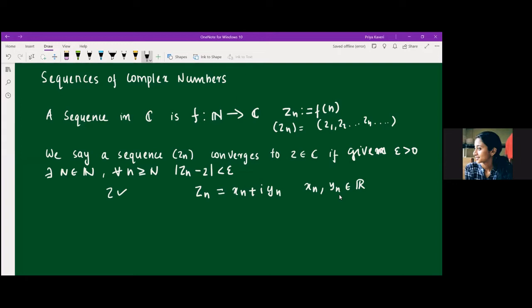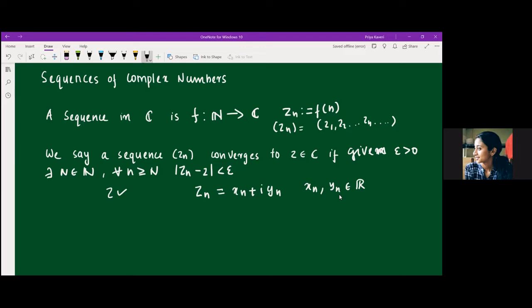So this is the next question that we need to ask here. Does anybody have any idea? We have a complex sequence, and with that we are getting two real sequences, and we are interested in the convergence of Zn.